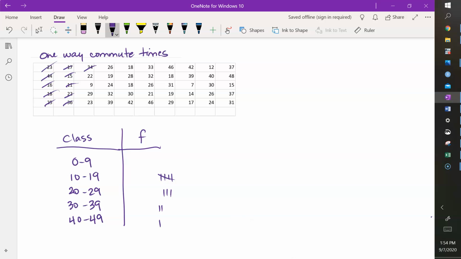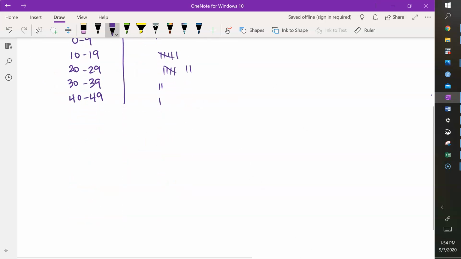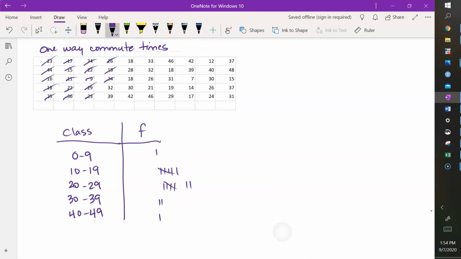So we can think about where they each belong. And I'm doing these all by hand.